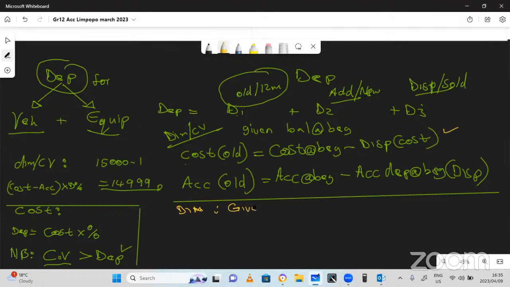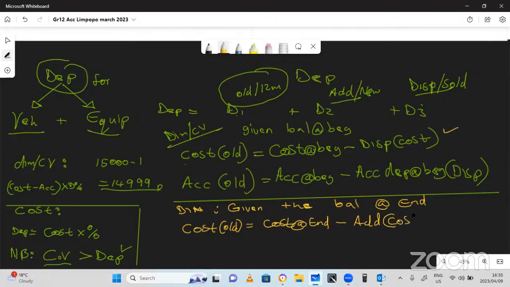We are checking the diminishing balance method, but if we are now given the balances at the end, which is from your pre-adjustment, to calculate your cost price, you will take the cost for old, which will now be equal to the cost at the end minus the addition, that is, the cost price of the addition.